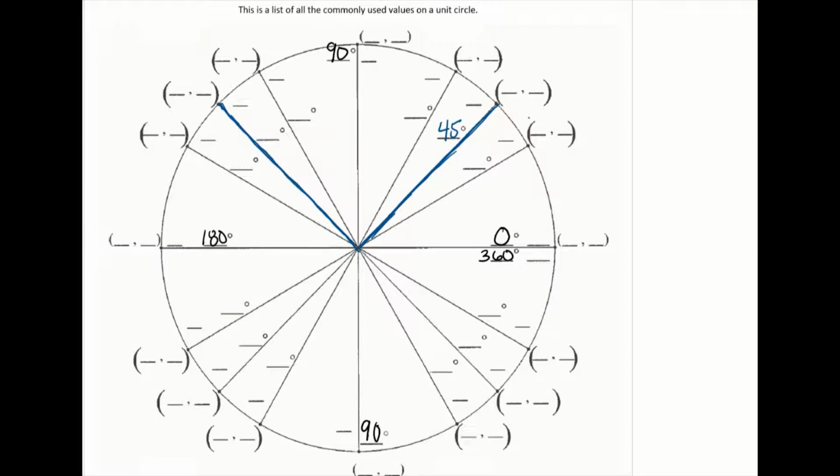So once again, it's halfway. It's half of this 90 degrees. Therefore, it must be 90 plus 45, which is 135 degrees. You'll see that enough that you're going to remember that value pretty well by the end of this semester. So now we've got 45 and 135.